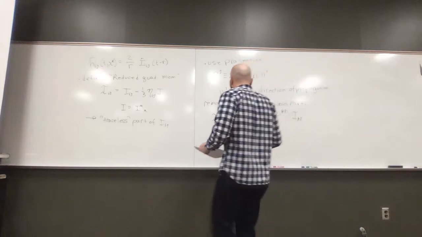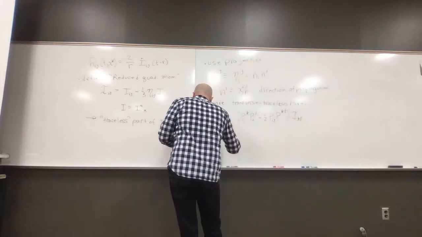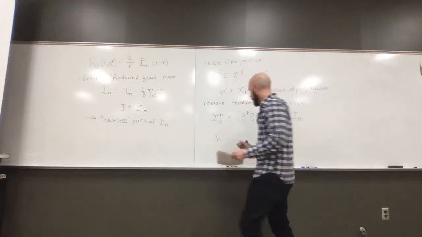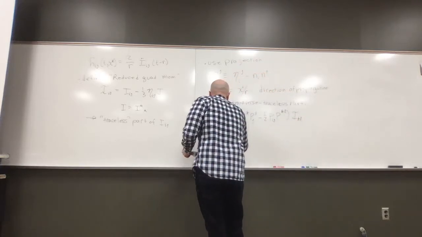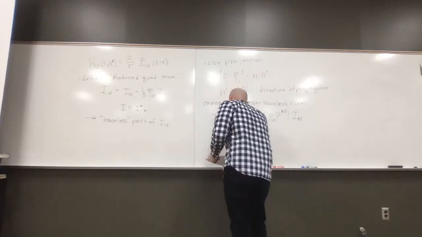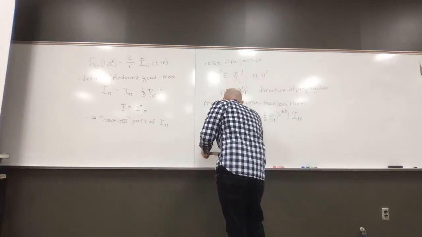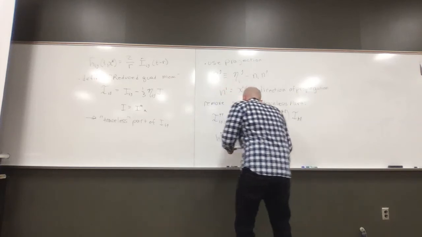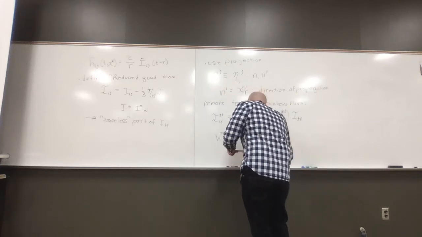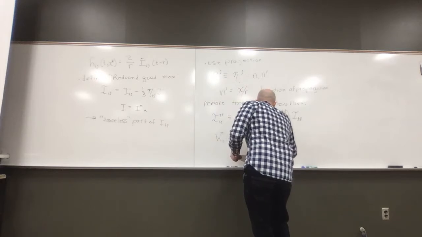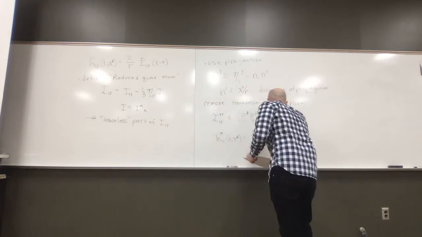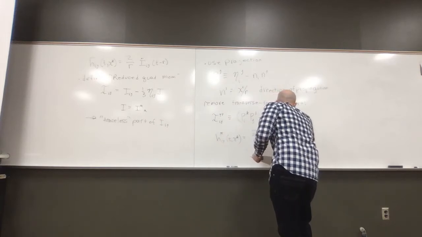So now I can define a strain for this metric perturbation, which we've already identified essentially as the strain. The transverse traceless part of that as a function of time and space is equal to 2 over the distance, times the second time derivative of the transverse traceless reduced quadrupole moment ij as a function of the retarded time.